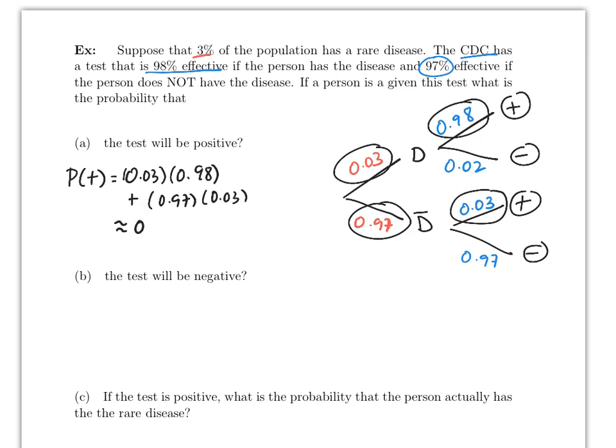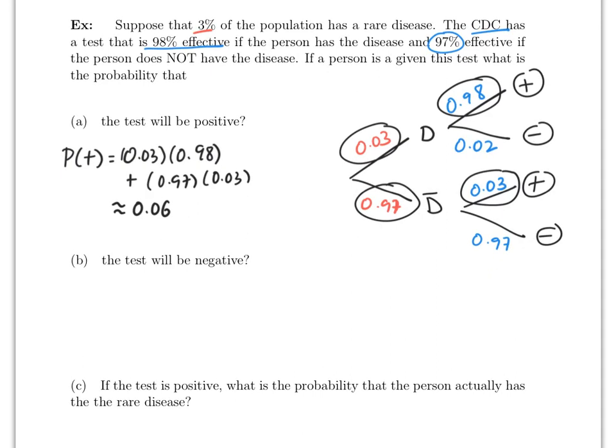If you compute it, it's around 0.06. Make sure you check that this works. Again, for part B, you can go again through the tree, or you can just do the complement, which is the easiest way to solve the problem. This is 1 minus 0.06, and this is around 0.94.